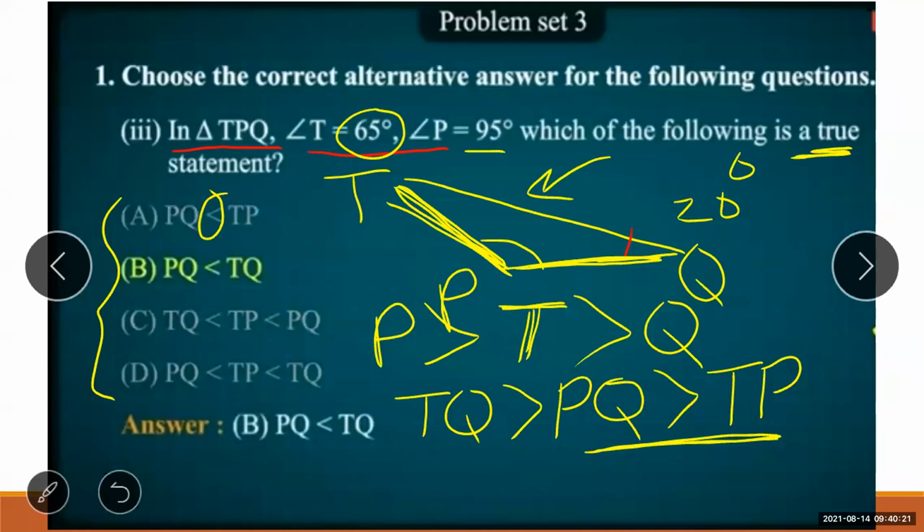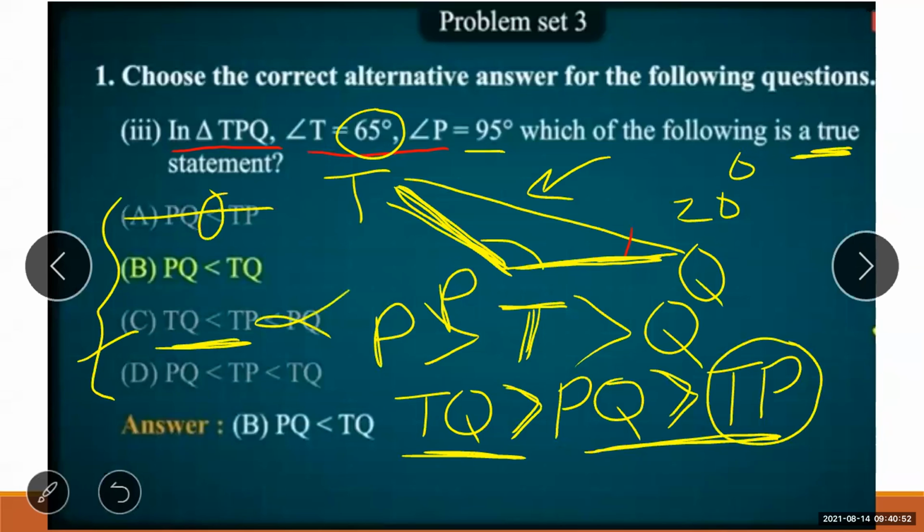So that is not correct. Now let's see the third option. TQ is less than TP. But TQ is greater than TP, both are greater-than symbols. So that is also not a correct option.